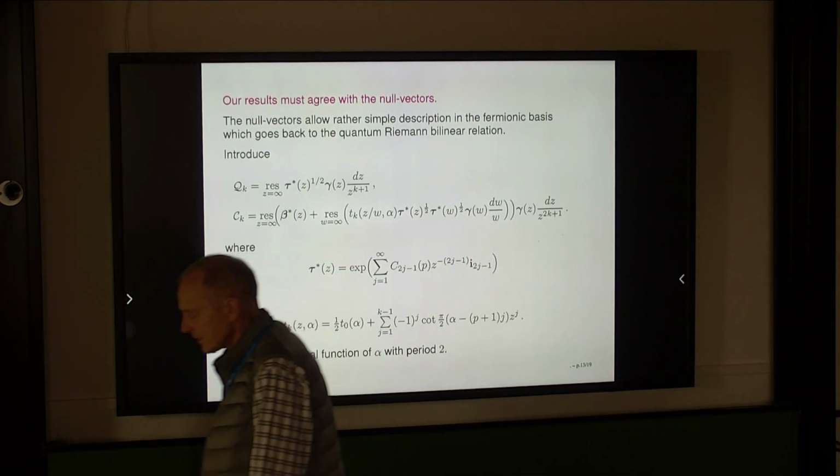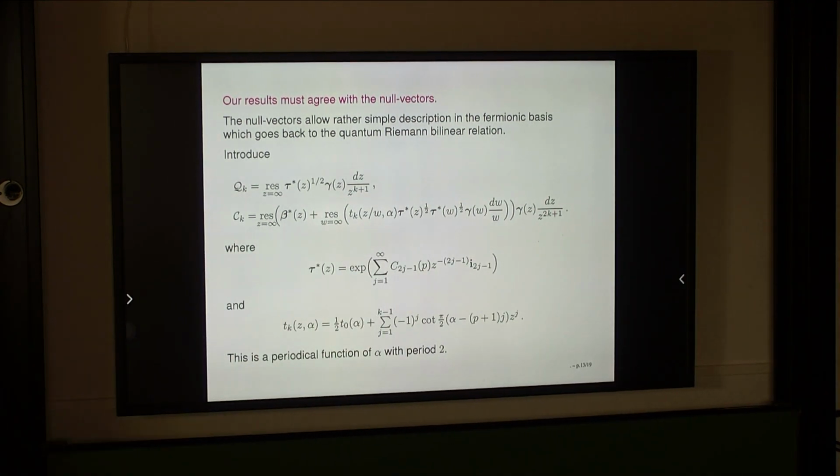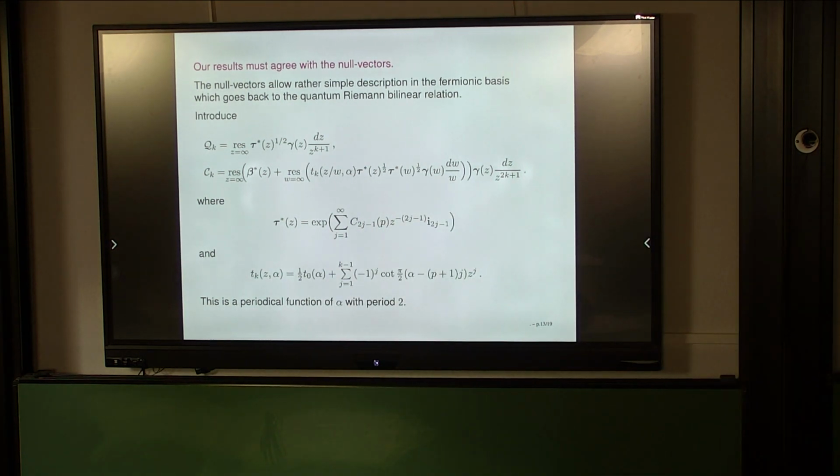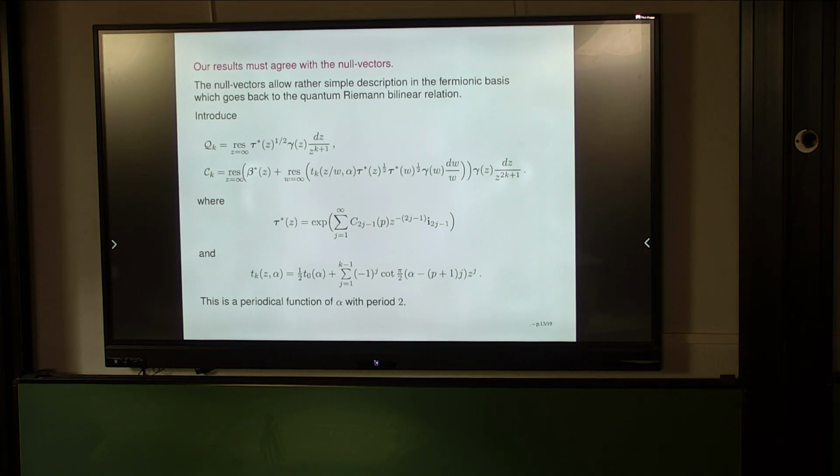In the conformal field theory there are null vectors, so you have singular vectors and then their descendants, and you want to describe them in this new basis.